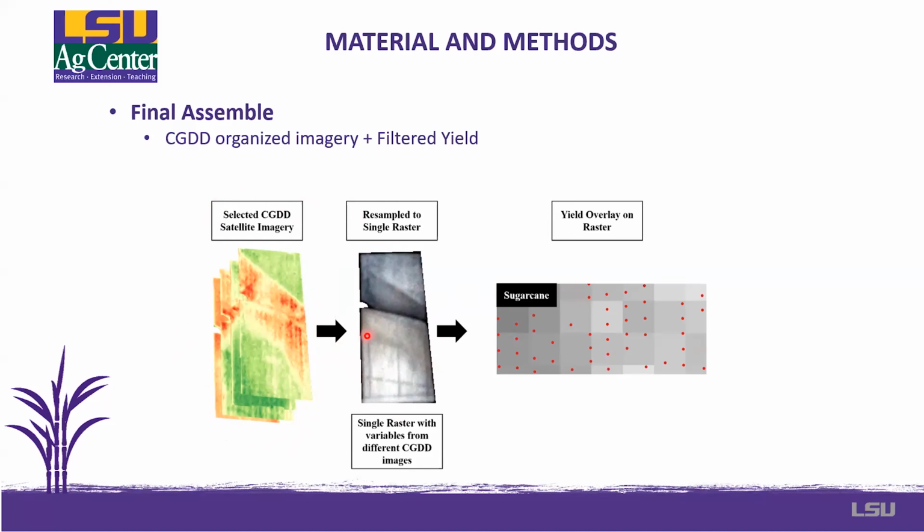Based on that single image, we take the points from the harvester and sample those points that fall inside one pixel, saying this pixel, this square, now has this yield. We use that as our data set for the development of the system.